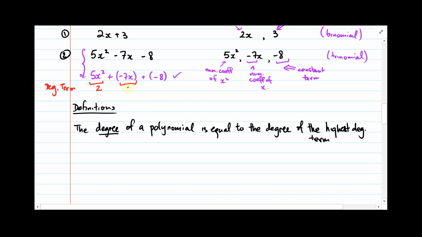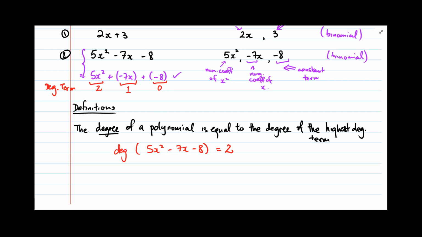The degree of this term is 1, x to the first power. There's no x present, so the degree is 0. The degree of the polynomial 5x squared minus 7x minus 8 will be 2, the degree of the highest degree term.